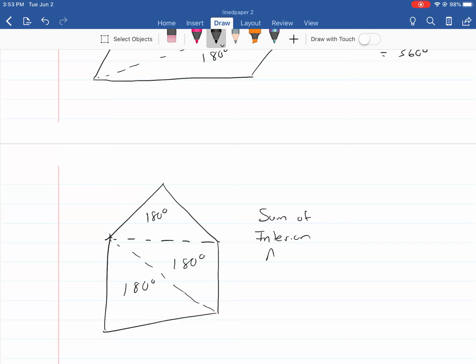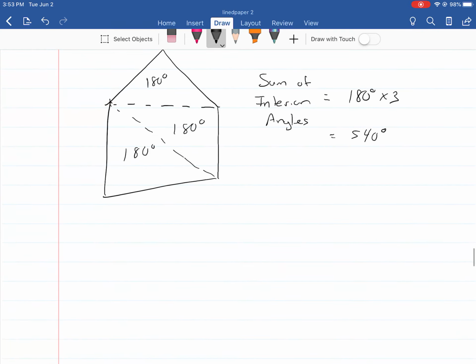I'm just going to add an extra word this time. Sum of interior angles is 180 degrees times 3. So it's 540 degrees. I'll do one more shape, and then I want to summarize the result. So that's a five-sided figure. If I made it something with a six-sided figure, I'm not trying to make it regular here. 1, 2, 3, 4, 5, 6 sides.